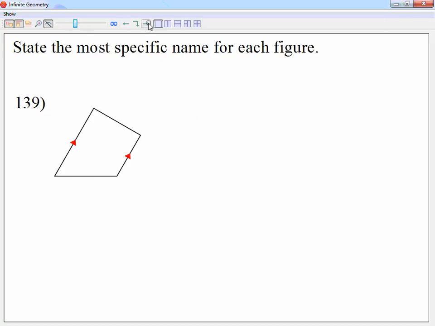Now 139, state the most specific name for each figure. Those little two arrows mean they're parallel. So only one pair of sides is parallel, the other one is not. How do we call that? You might need to rotate it to make it a little more familiar.